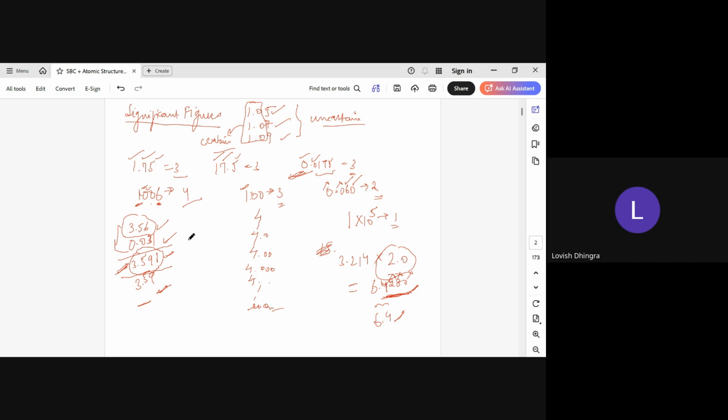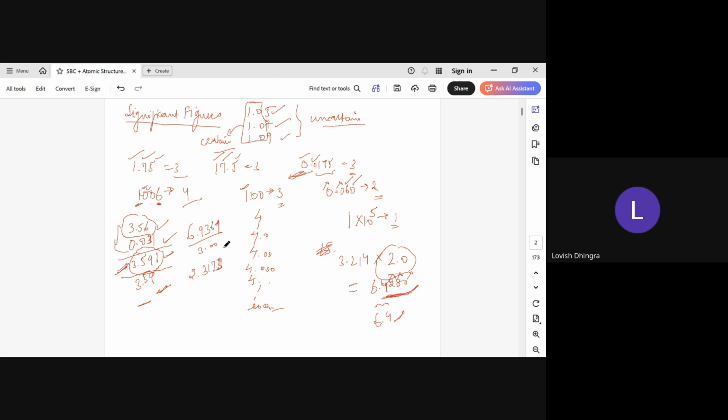Similarly, if there is a division question, like 6.9369 and I am dividing this by 3.00, the answer I get will be 2.3123, right? Then how many significant figures?